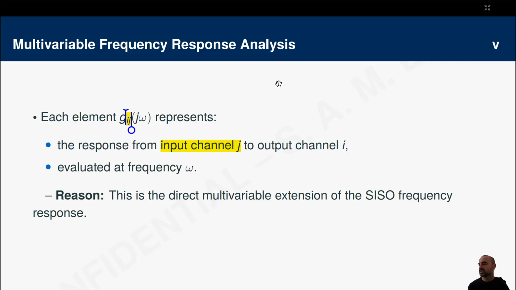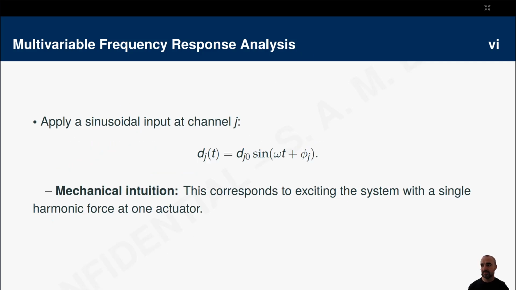Now imagine that you apply a sinusoidal input at channel j. The input d_j(t) is d_j0, the amplitude, times sin(ωt + φ_j), where ω is the frequency at which we are fixing the system and φ_j is the phase of the input at channel j.